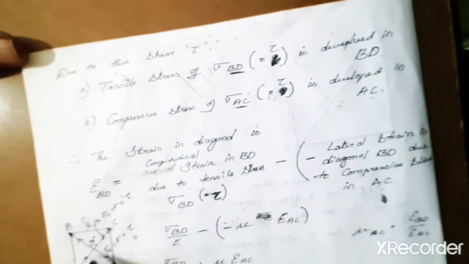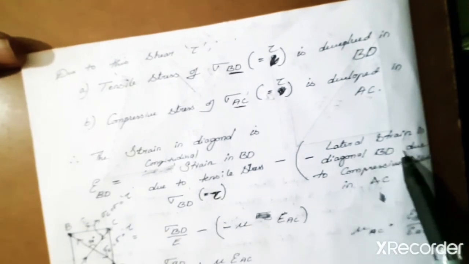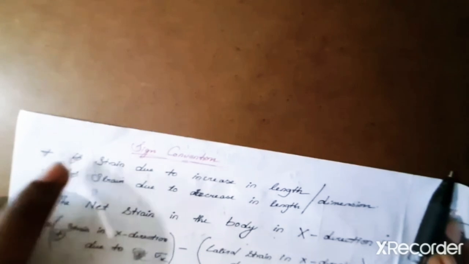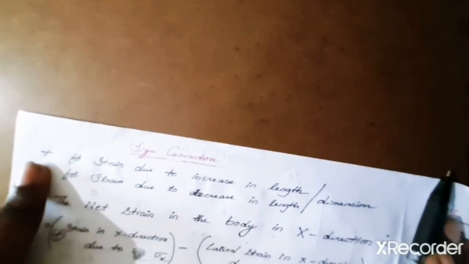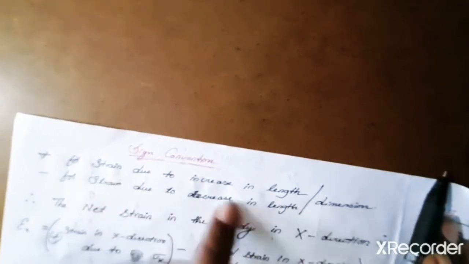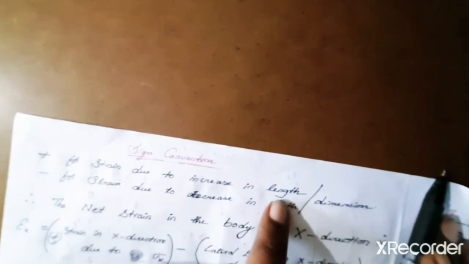As you can see in the previous sign convention, a strain is taken to be positive if the length or dimension has increased because of this strain.